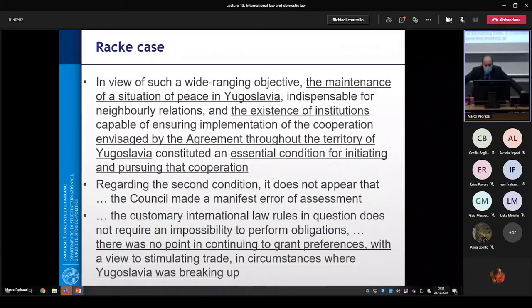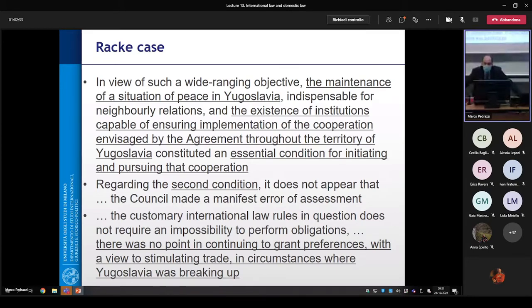Now, according to the court, in view of such a wide-ranging objective, the maintenance of a situation of peace in Yugoslavia, indispensable for neighborly relations, and the existence of institutions capable of ensuring implementation of the cooperation envisaged by the agreement throughout the territory of Yugoslavia constituted an essential condition for initiating and pursuing that cooperation.